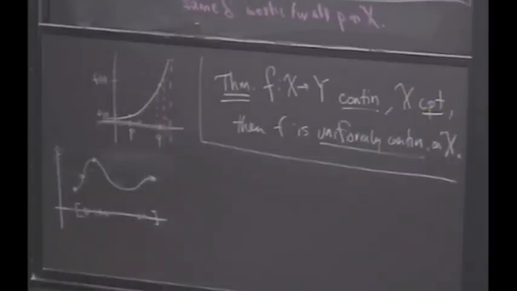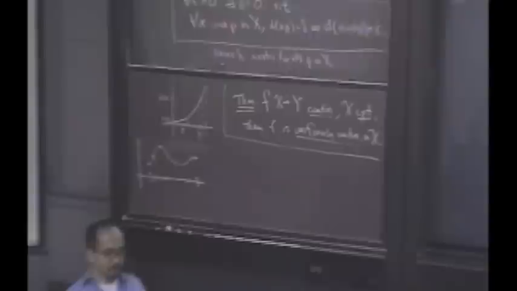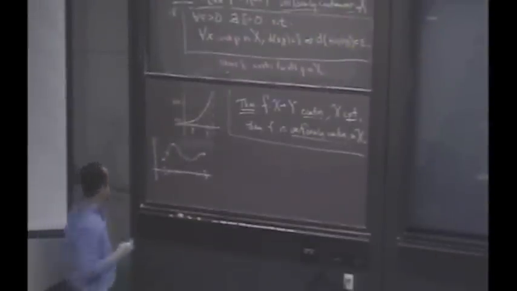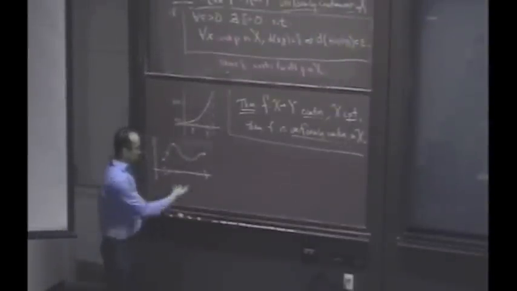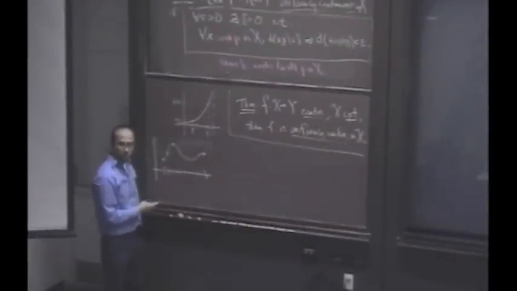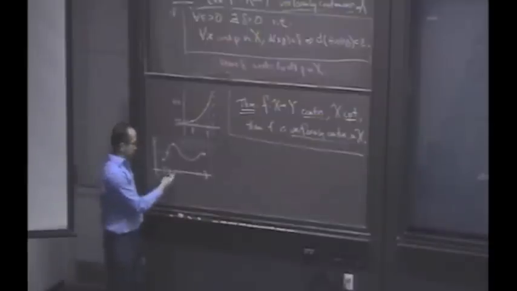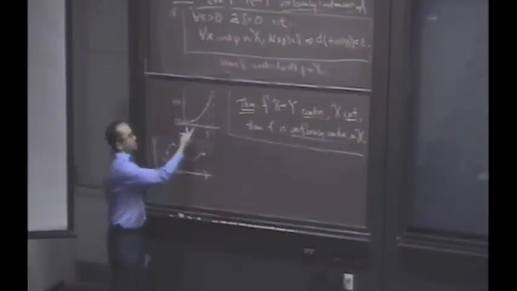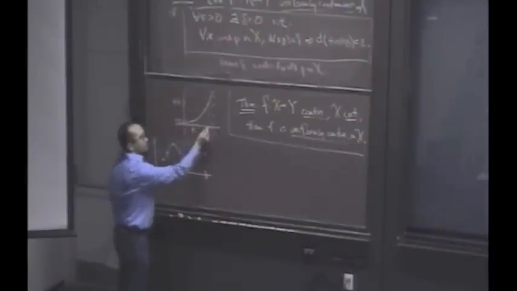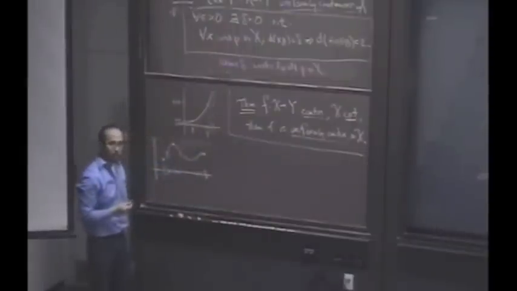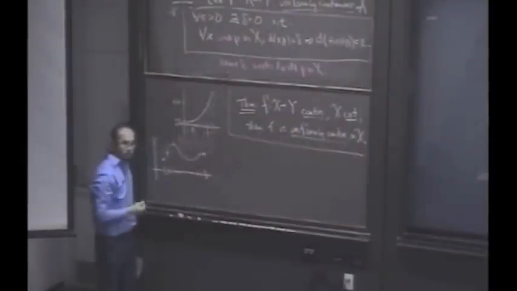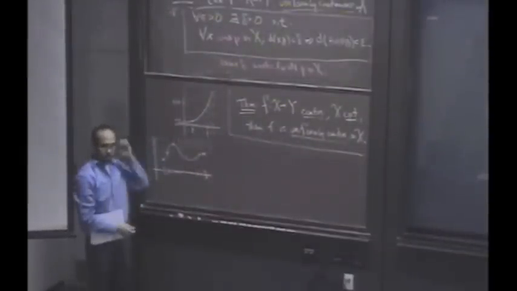For a given epsilon, for every point. The smallest one. Is there a smallest one? Not necessarily. I mean, there wasn't a smallest here. These got smaller and smaller and smaller as you went to the right. Those are the requisite delta balls.